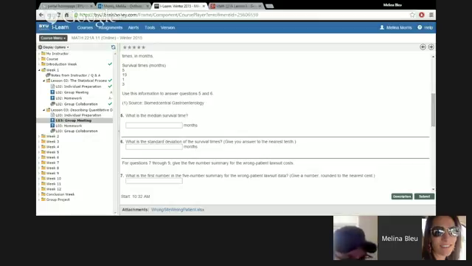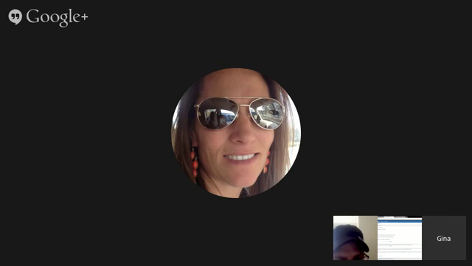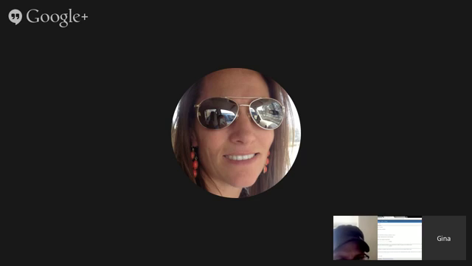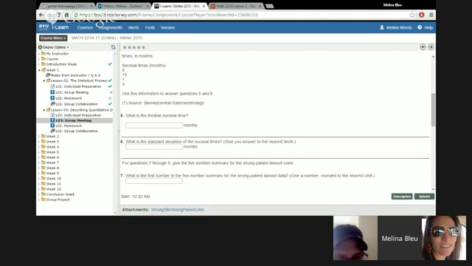Well, the median is usually the middle number, but because it's an even number of values, we would add 3 and 5 and then divide by 2. So 8 over 2, which is 4.